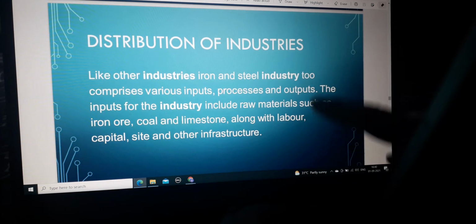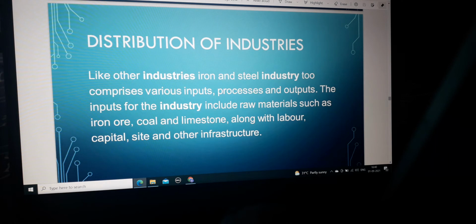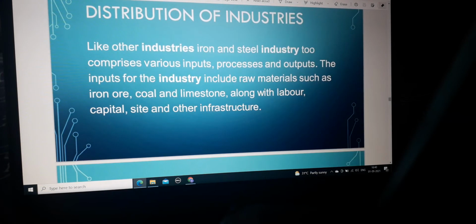Labor means worker. And then we have the site. Site means the area where the industry or the factory has been set up. And other infrastructure includes hospitals, schools, and the various other facilities that the employer is providing.